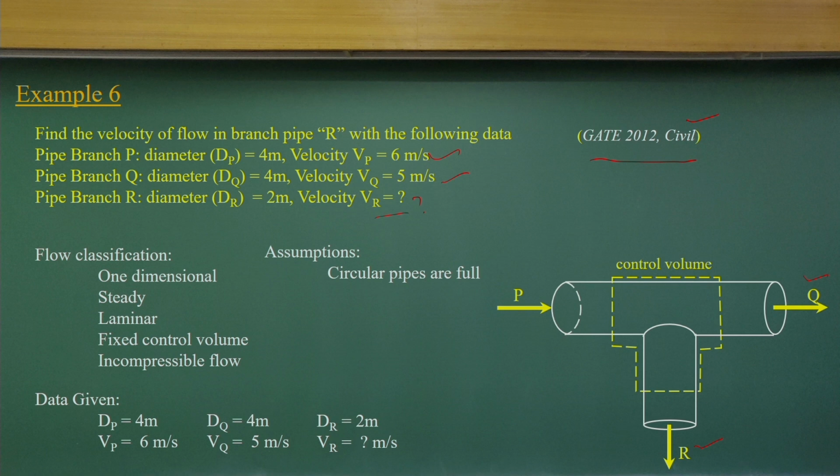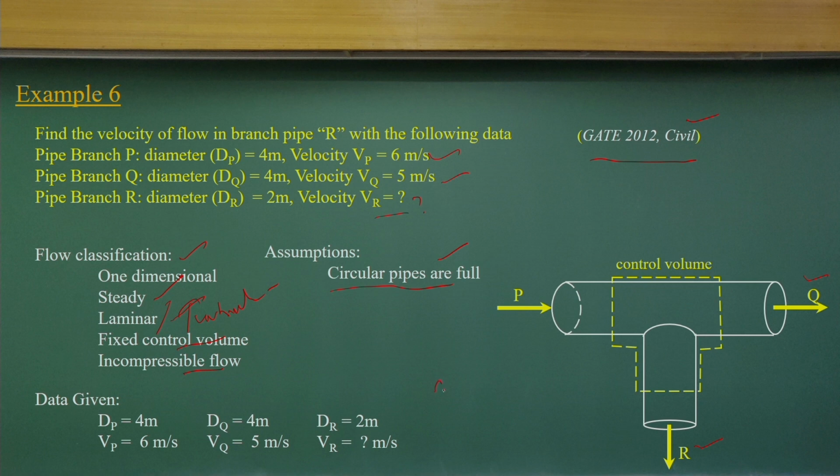You can see that this problem is one-dimensional and steady, the velocity is given, and the pipes are circular. The flow could be laminar or turbulent, we do not know, with a fixed control volume and incompressible flow. These are very simple problems: we just apply the control volume and find the mass influx coming in and going out.